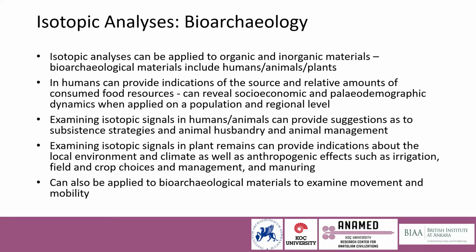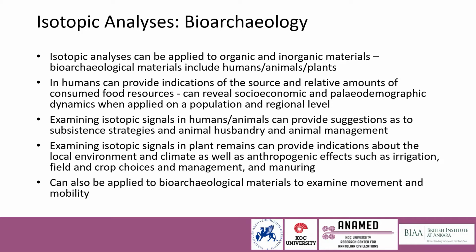So when you apply them to humans and animals particularly, you can look at subsistence strategies, so how humans manage animals, human and animal interactions, so animal husbandry, animal management, and then also in plant remains, they can provide indications about the local environment and climate. So this is partly where there's an overlap between archaeology and things like climate and environmental reconstruction.